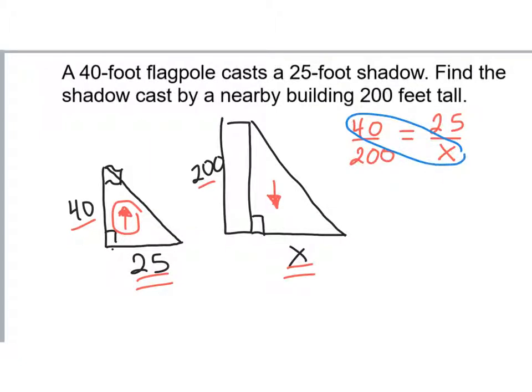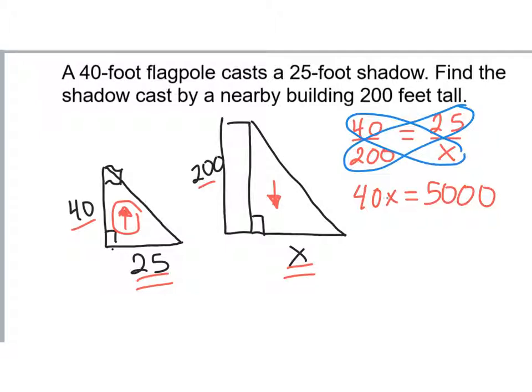So I'll do x times 40, which is going to give me 40x. And then the other side, I'll have 25 times 200, which is 5,000. Okay, so now if I'm trying to get x by itself, I have 40x, which is the same as 40 times x.